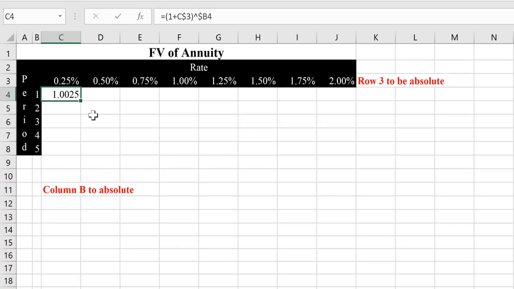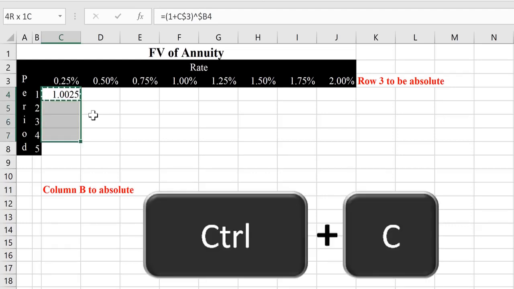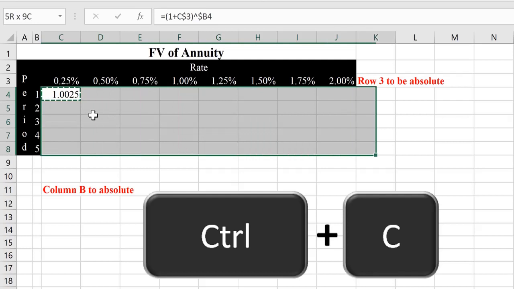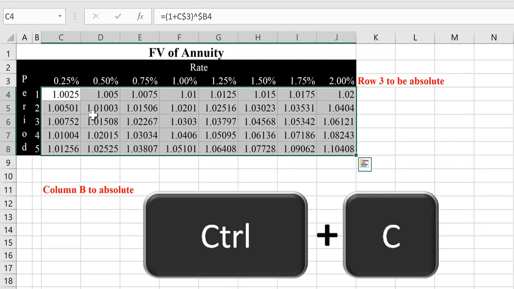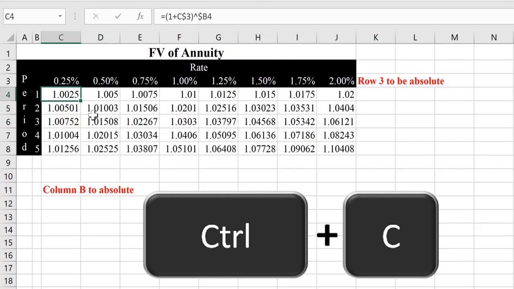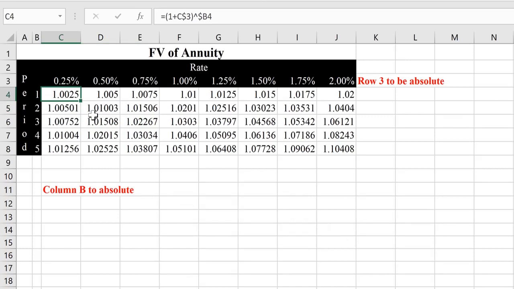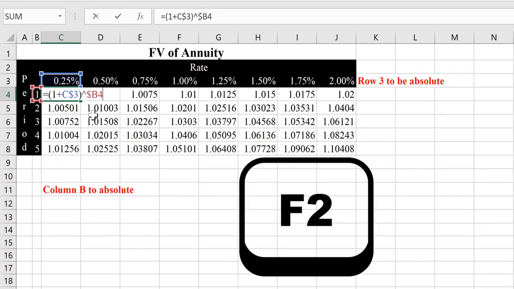Applying Control C, selecting the whole table and pressing enter, we get the table filled out for 5 years for interest rates from 0.25 up to 2%. Let's take it in order: for year 1 at 0.25%, year 2, year 3, year 4 and year 5.